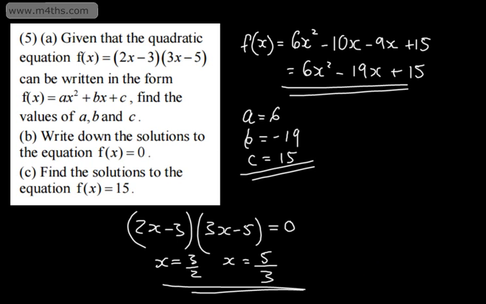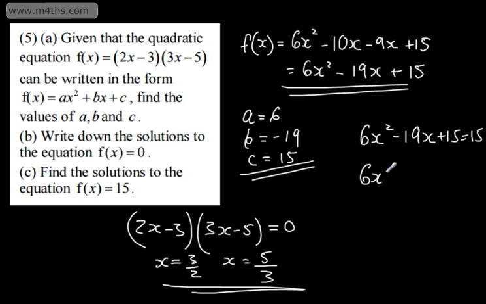Okay. In part C, we need to find the solutions to the equation f of x is equal to 15. I could set this equal to 15, or I could look at this and set this equal to 15. So if I set this part equal to 15, 6x squared minus 19x plus 15 is equal to 15. We can subtract 15 from both sides.